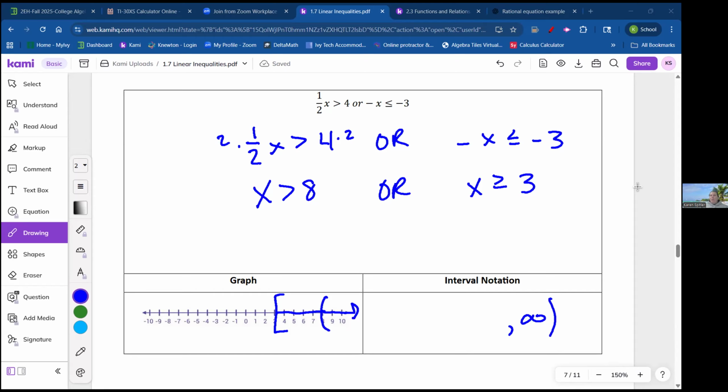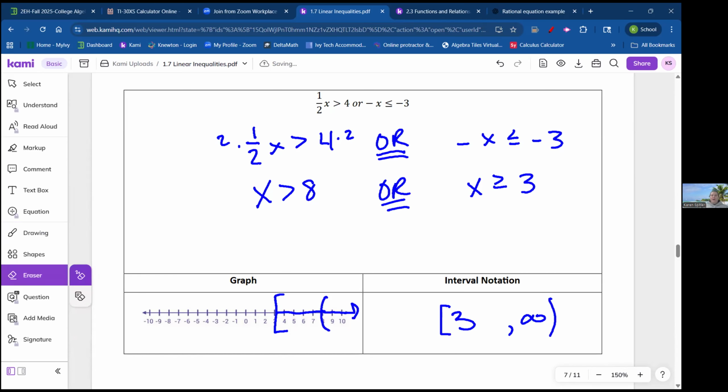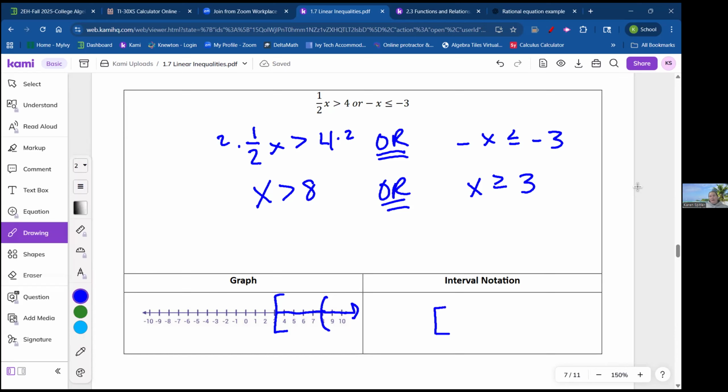Yeah, we are going to use the 3. But the word or says it needs to work for the left or the right. And the value that makes it work for left or the right is 3. So 3 to infinity covers all of my numbers.